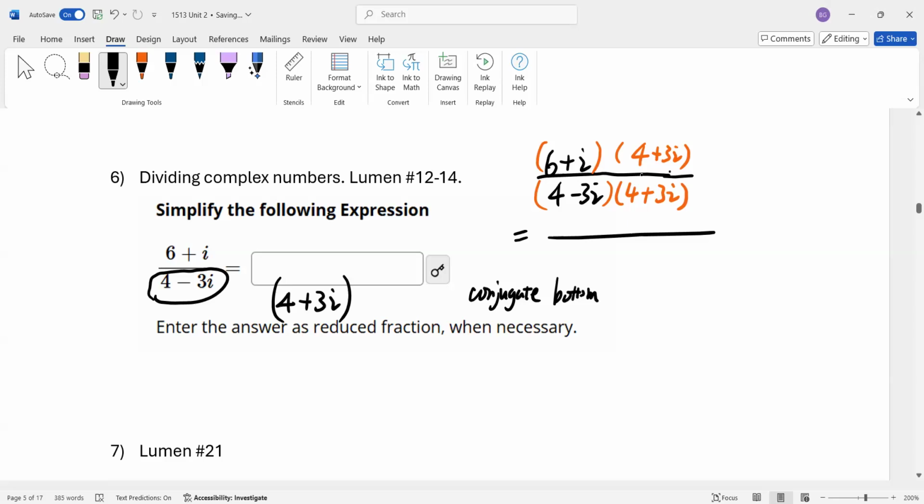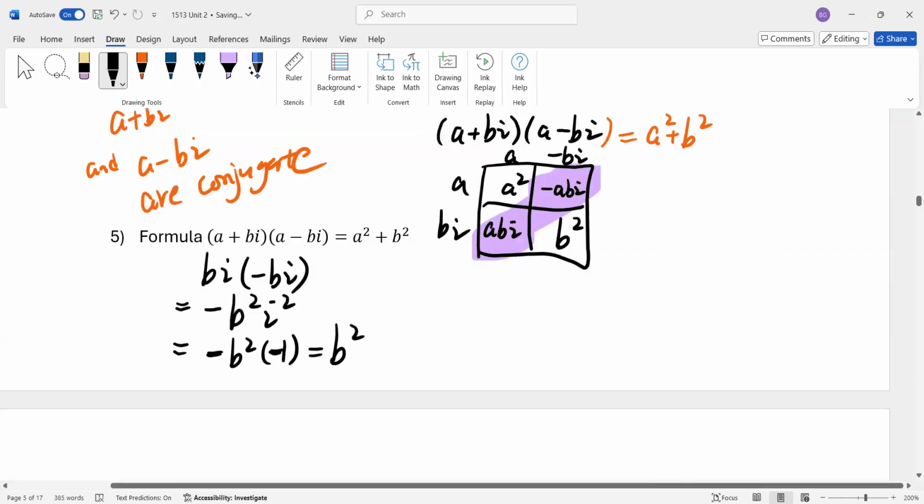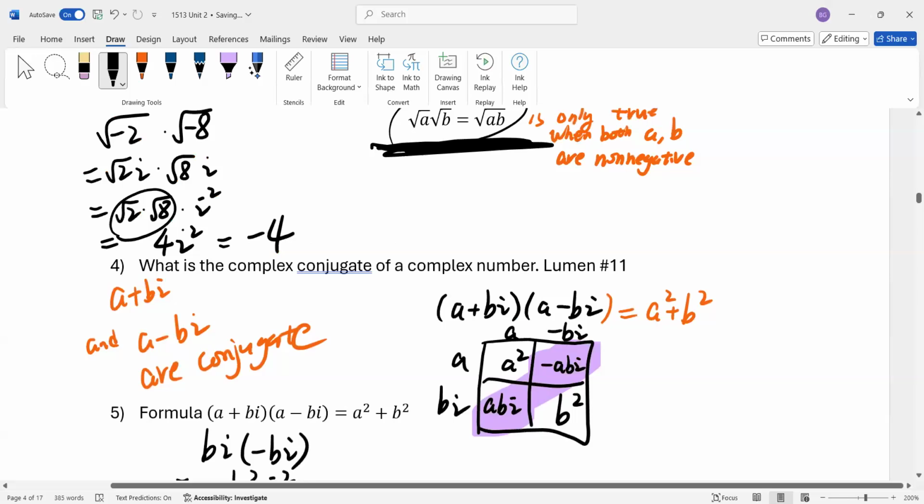Either FOIL or box method, or you can just use the formula. The more tools you have, the more efficiently you can solve a problem. If you don't know this formula, you would have to FOIL or use the box method. But if you know this formula, you can just quickly apply it.